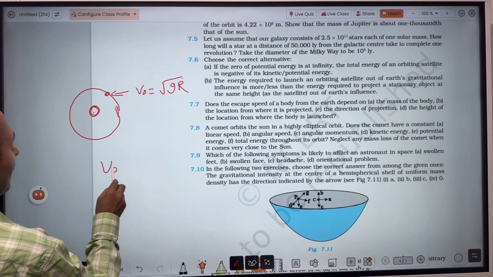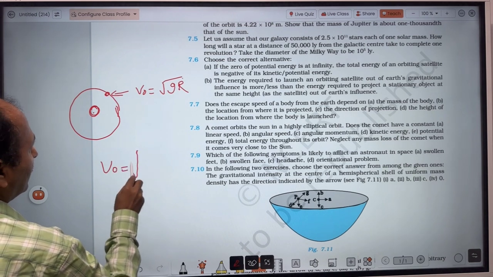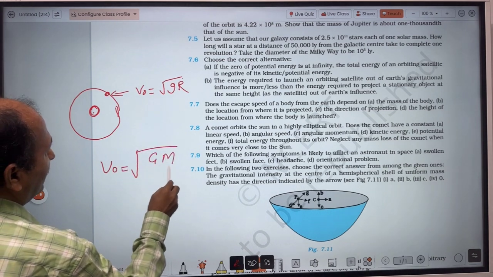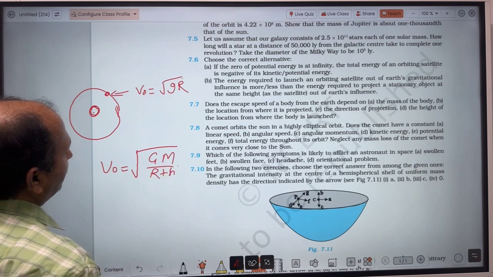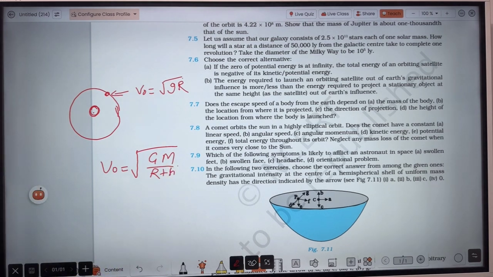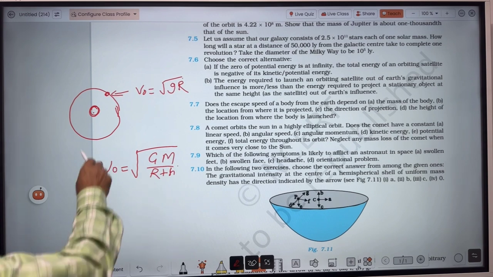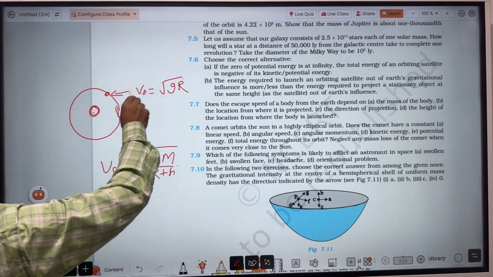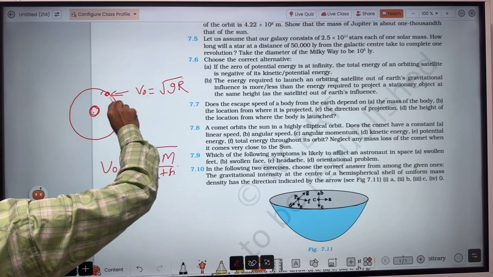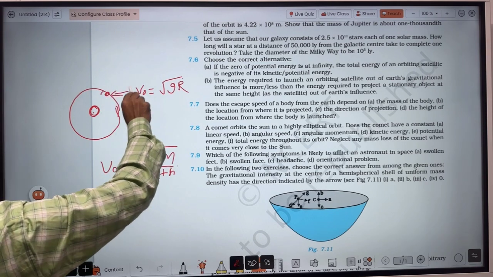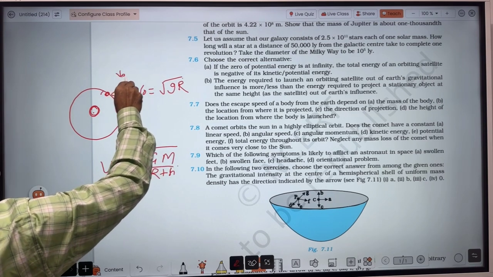If you go to the original formula, it is root of GM divided by (R plus h). This is the orbital velocity, and if you want to make the satellite free from Earth's gravitational pull, then you have to provide escape velocity.